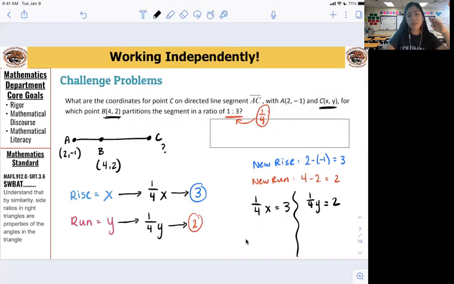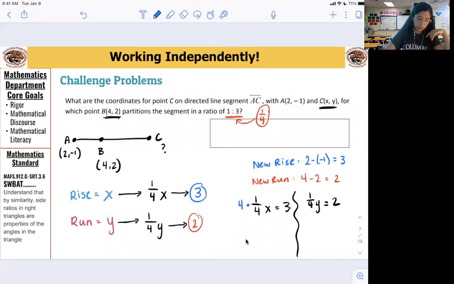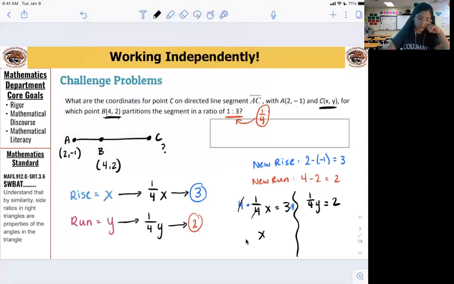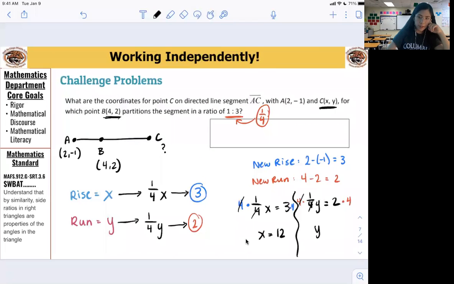I multiply by its denominator. So I'm just multiplying both sides times 4. That crosses out the fraction, so I'm left with x equals 12, and y equals 8. How did I get 3? What's 2 minus negative 1?